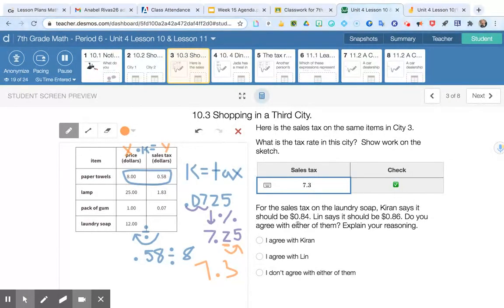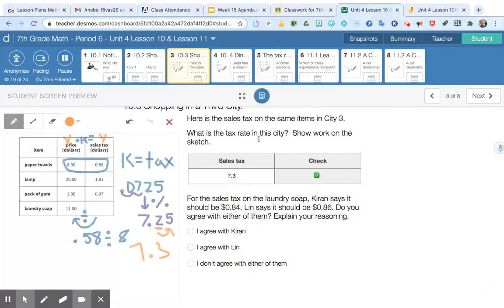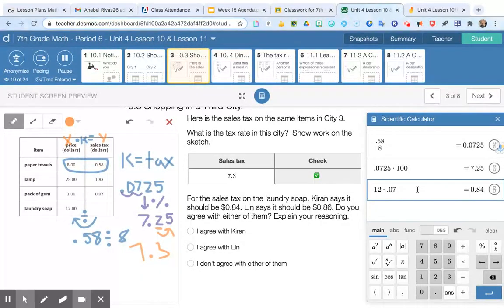So we rounded it. It says for the sales tax on the laundry soap, Kieran says that it should be 84 cents and Lynn says it should be 0.86. Well, let's check. Let's do 12 times 0.0725 because that's my K, my multiplier. I get 87 cents. If I do 0.073, I get 88 cents.